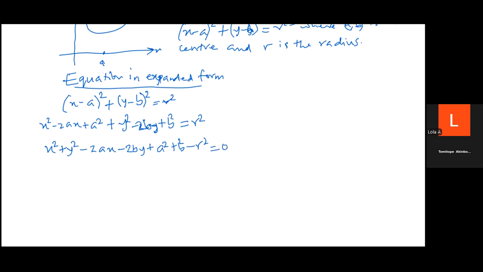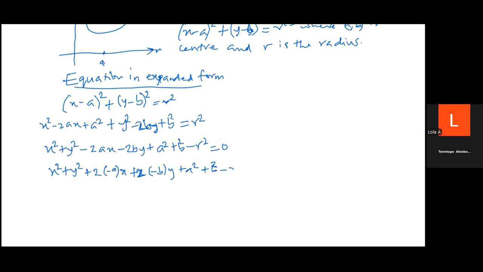Now, I will write it this way. x squared plus y squared plus, let me say, 2 into minus a x plus 2 into minus b y plus a squared plus b squared minus r squared equals 0.